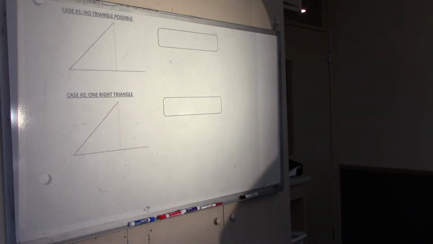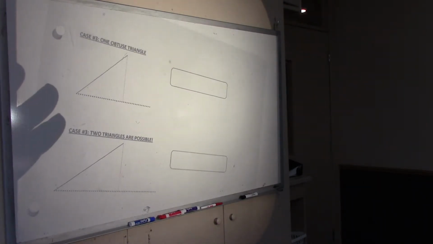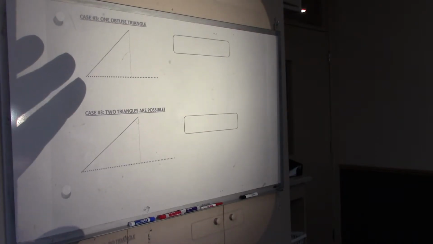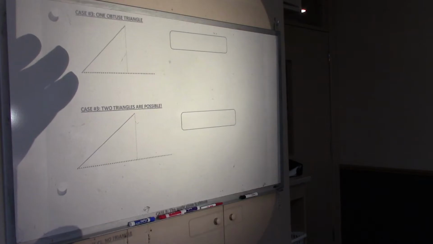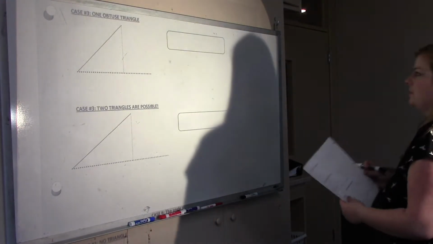But now we get to another point where there's just one possibility. Case 3, there might just be one obtuse triangle.